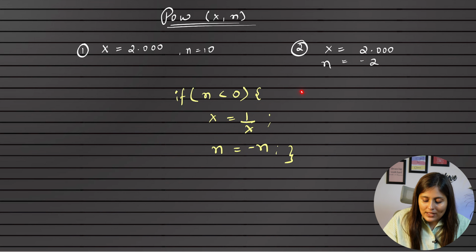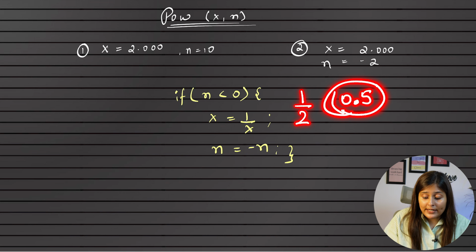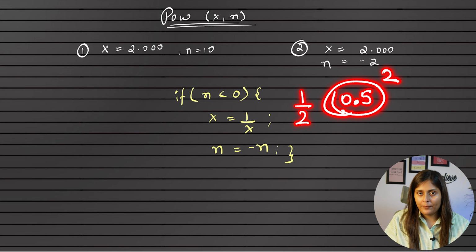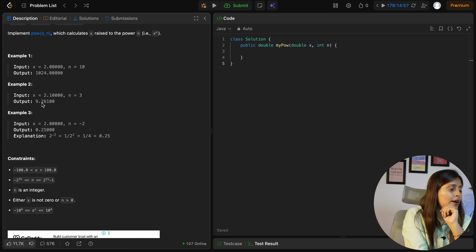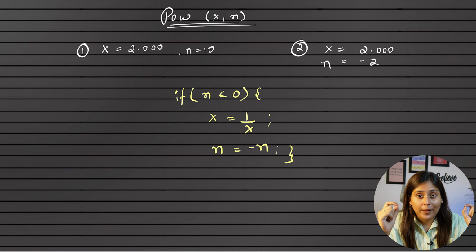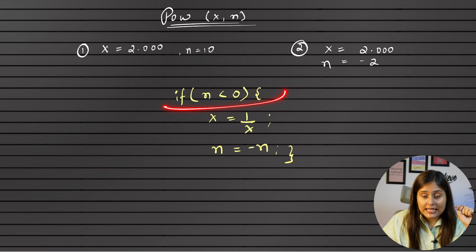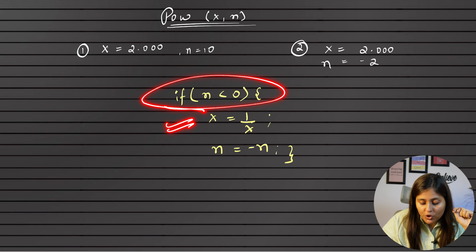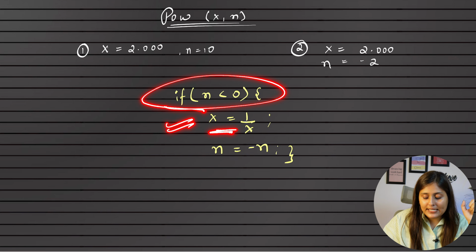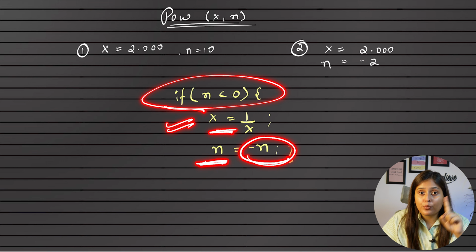And then once it becomes 0.5 from 2, now we want to calculate the same positive power onto it. So 0.5 multiplied by 0.5 will become 0.25, and that's the expected answer in example number 3, correct? Okay, now when your power is negative, first you are changing the numerator into denominator, so you are doing the conversion of the base, and second, you are making the power positive.